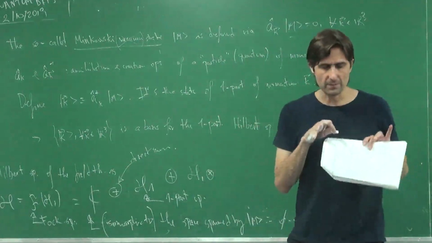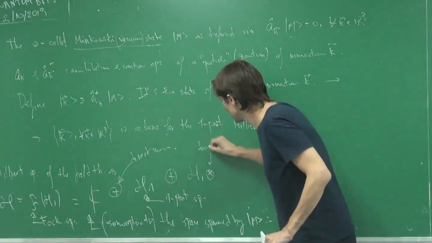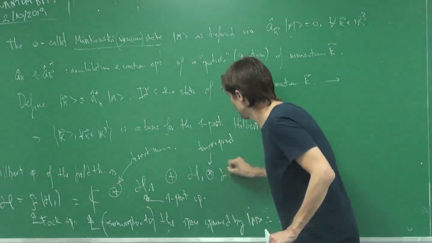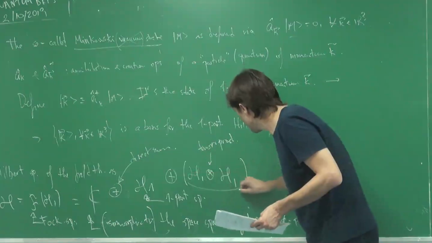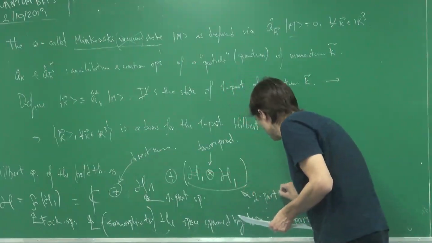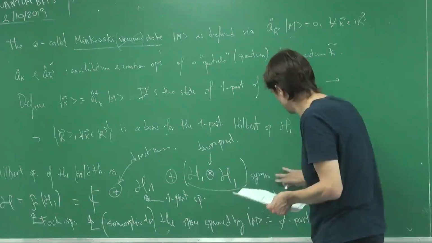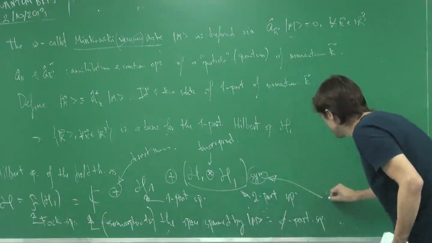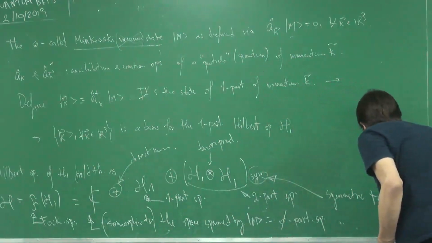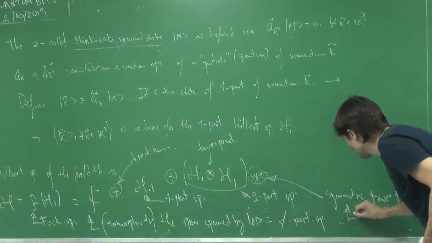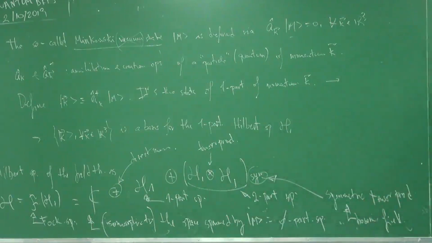In order to be able to build the two particle state, we need to do the tensor product of one particle states, and this is the two particle state space, and we need to symmetrize this. So really, by this I mean the symmetric tensor product. And this is because it's a bosonic field. If you had fermions, you would have to antisymmetrize it.